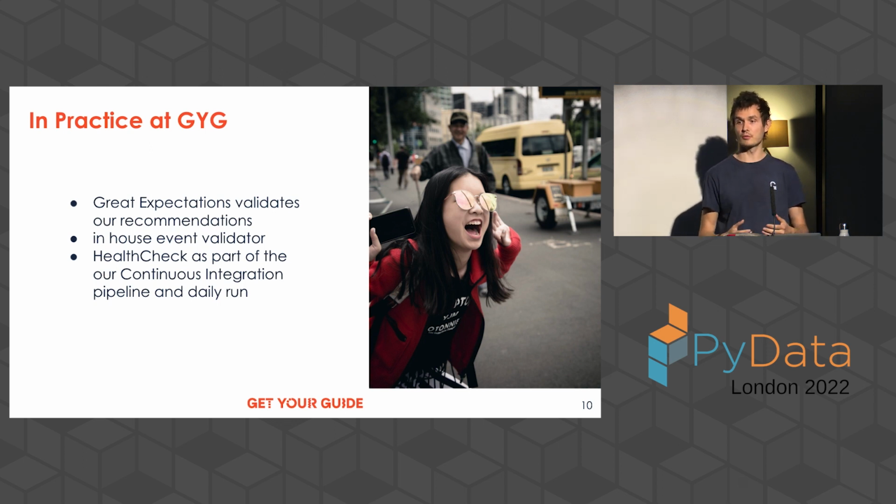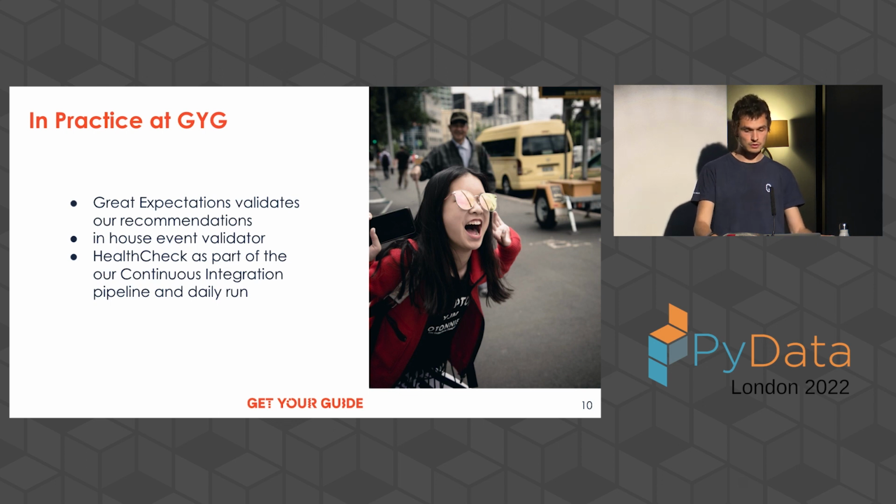If there is anything wrong, we will have a data set that is not up to date, like from the day before, but at least it's not something completely wrong with wrong score columns or something like that. We also built in-house an event validator, which runs regularly and checks some specific values. And most recently, we introduced a health check as part of our continuous integration pipeline.